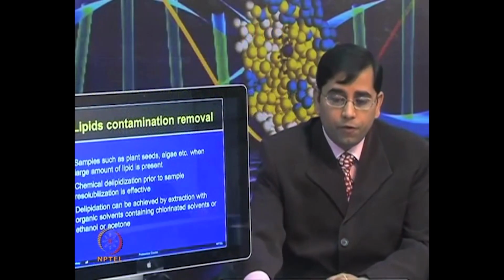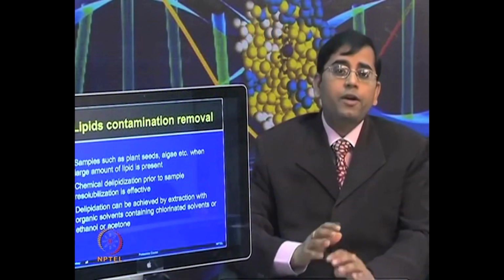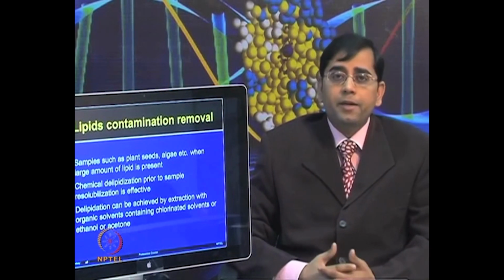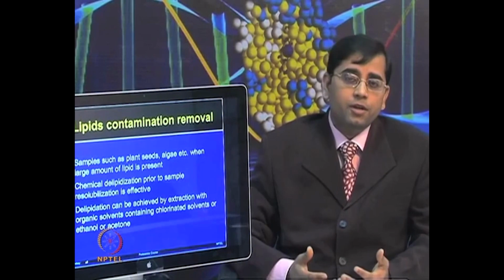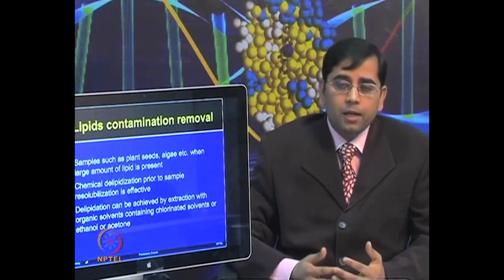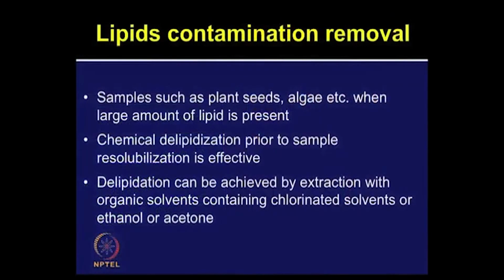But if your samples are very rich in lipid contamination, few samples which are intrinsically rich in lipids such as plant seeds or algae, you need to treat the samples using chemical delipidation prior to the sample resolubilization.